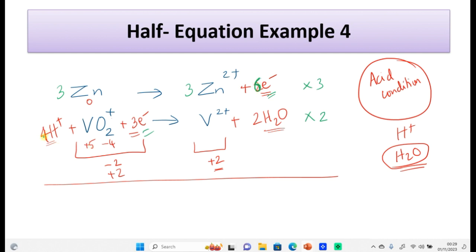Now this has to be multiplied by 2 all the way through, so that now becomes 8. So I'm going to cross that out and put 8 here. We'll tidy this up in a minute. And then 2 here, 6 electrons now, 2, this becomes 4. And now I can cancel out these 6 electrons and now write the overall equation.